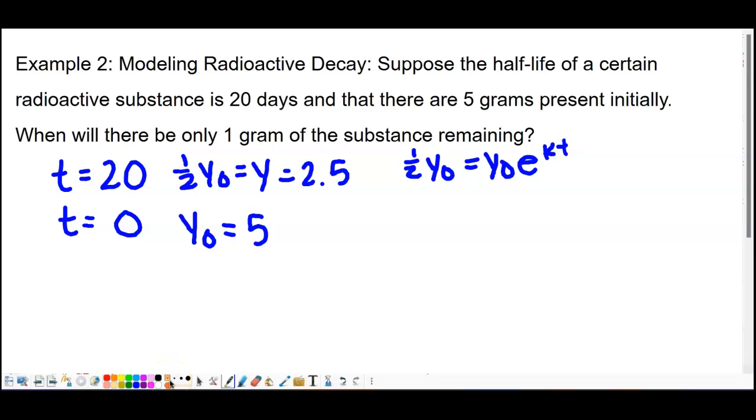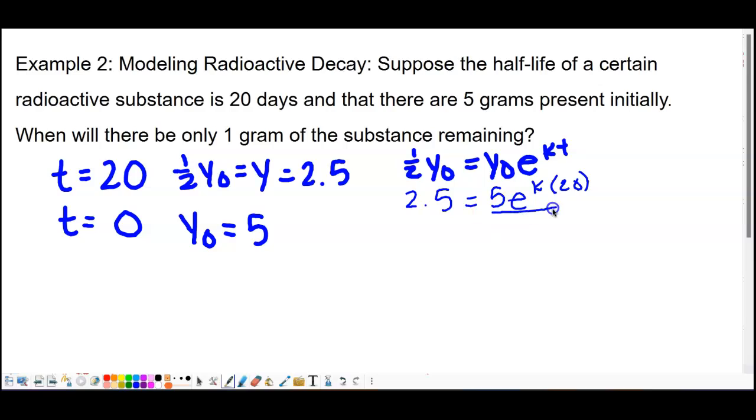Because I know this is 2.5, 5e. I'm looking for k when t is 20. K is a constant. Once I find k, that k value holds true for all the problem points.